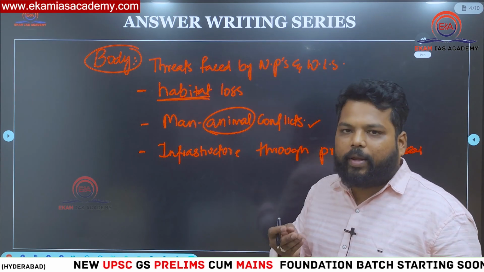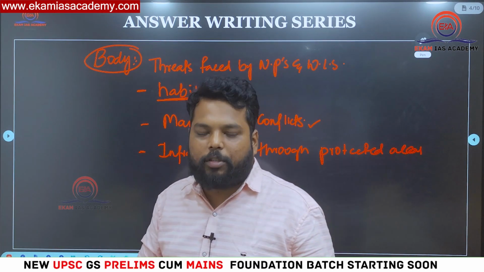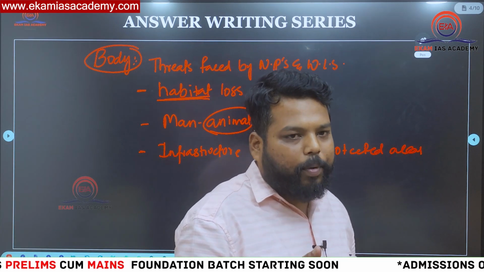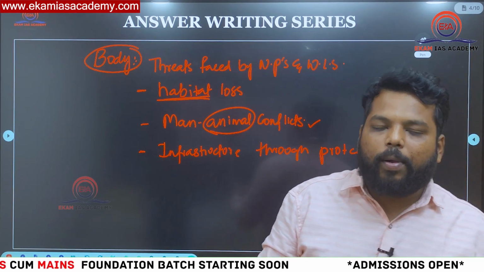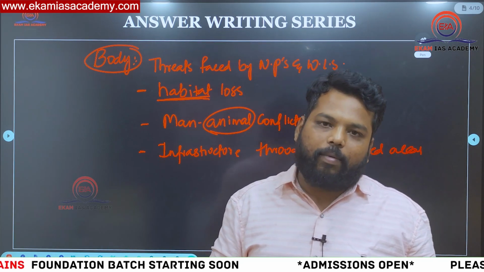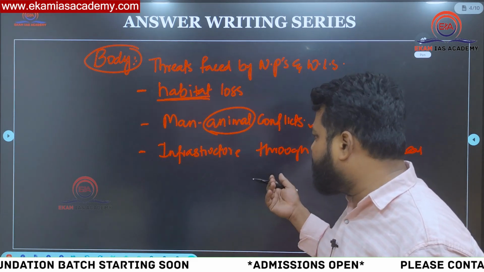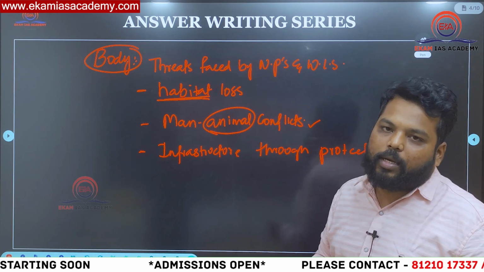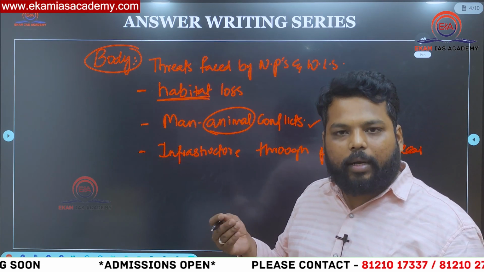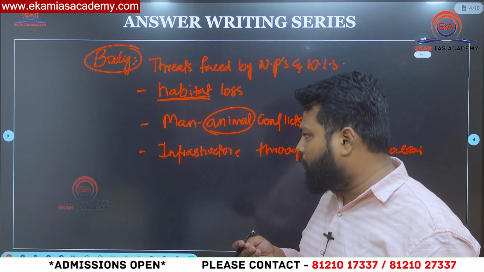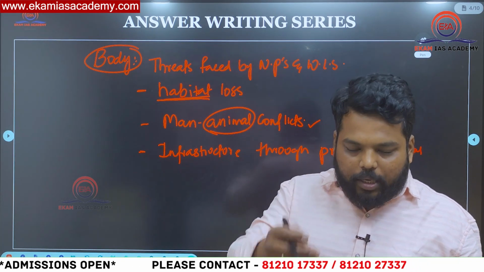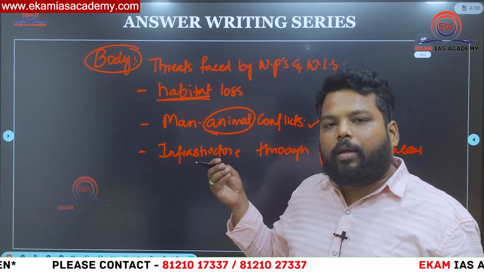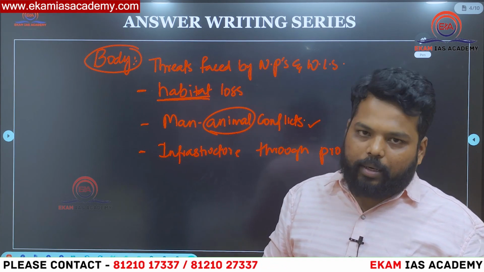Whenever we create our comfort zones by building infrastructure, progress leads to infrastructure development, and this disturbs national parks, wildlife sanctuaries and the entire protected areas. Whenever we have to construct roads through national parks and wildlife sanctuaries, we have to obtain environmental clearance.